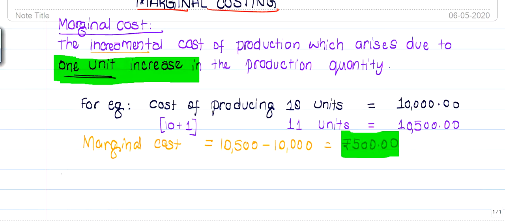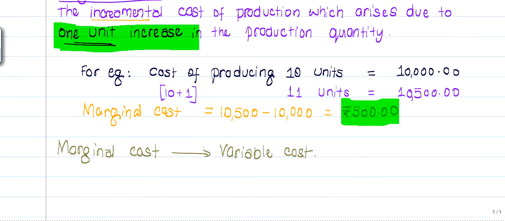But in marginal cost, we consider only variable cost. Only variable cost. That means fixed cost is not attributable.